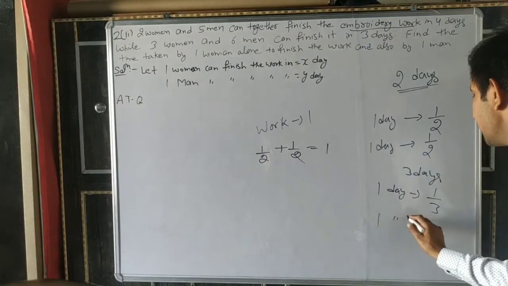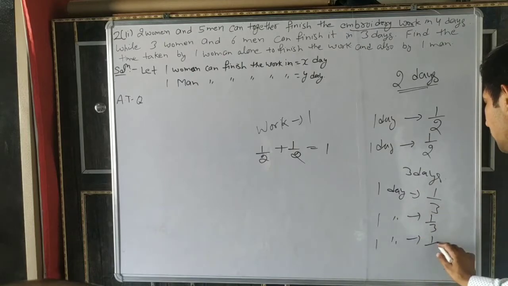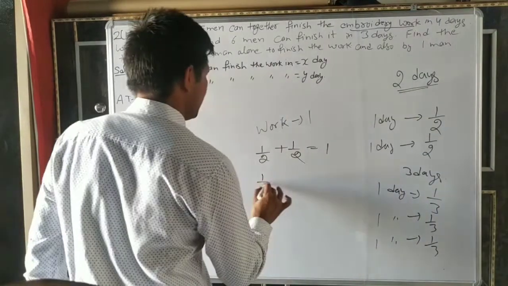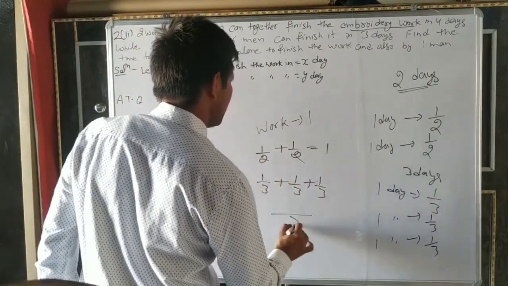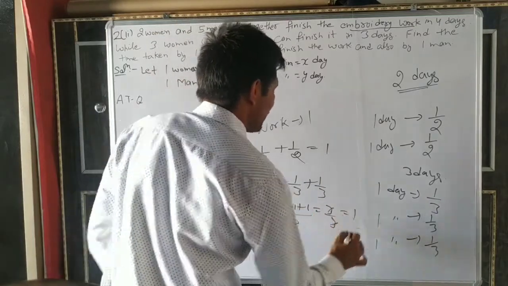On the next day, 1/3 part. On the next day, 1/3 part. 1, 2, 3. In 3 days, how much work do you finish? 1/3, 1/3, 1/3. So 1 plus 1 plus 1 is 3/3. How much work have you finished? 1.